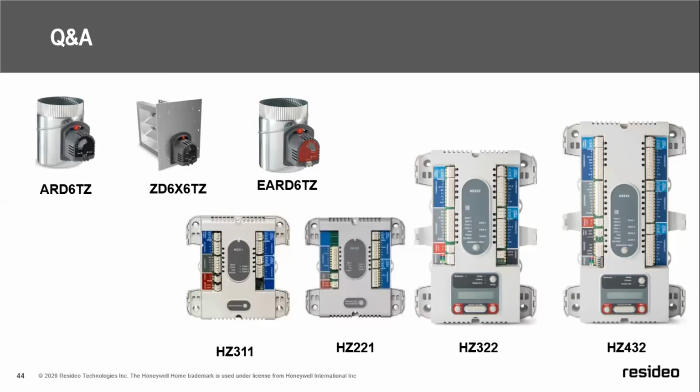By utilizing our RedLINK 8000 or the Prestige IAQ and having an outdoor temperature sensor, in the advanced settings we can control the fresh air from an EARD damper based on the outdoor humidity and temperature parameters that the contractor sets up in the advanced configuration mode. That's also one that I would reach out to my rep for a little more explanation.